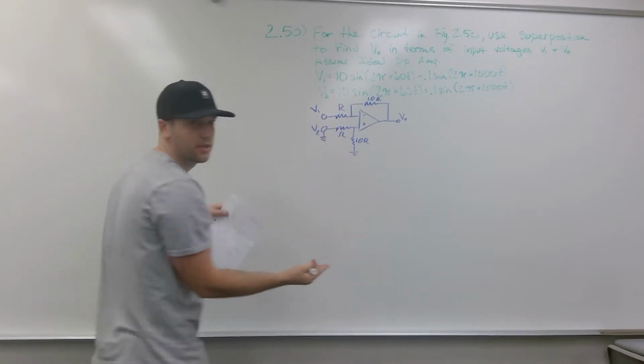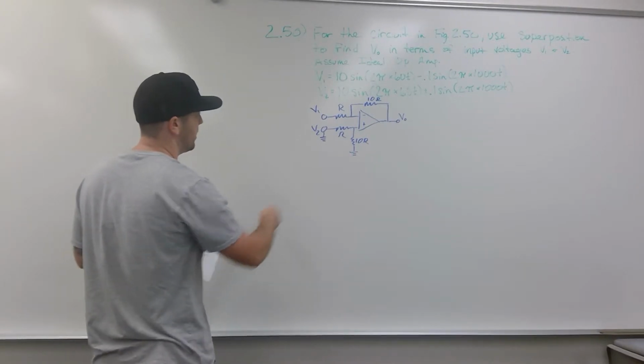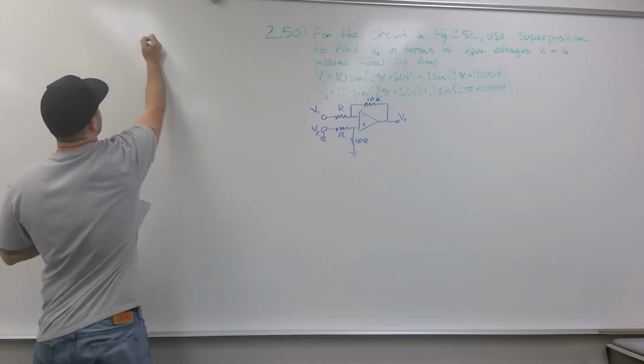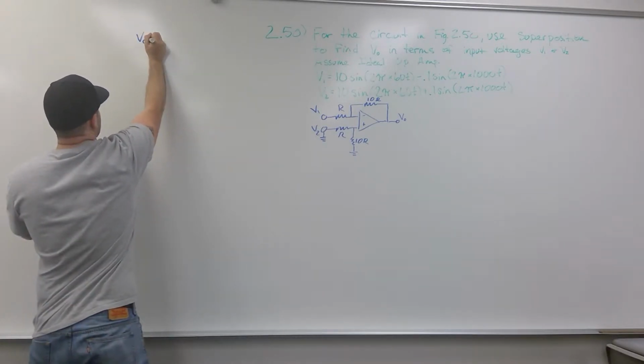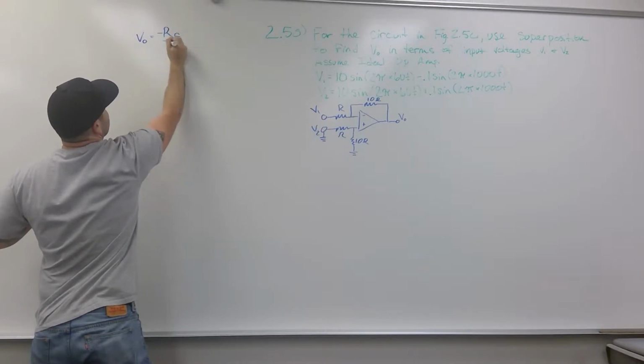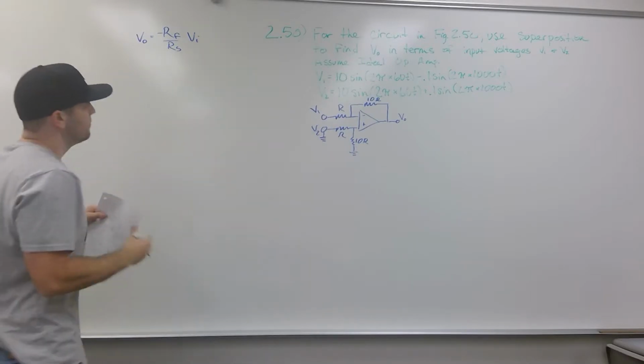So this is pretty much the inverting op amp, which we already know the equation for is V out equals the feedback resistor over the source resistor times the input.